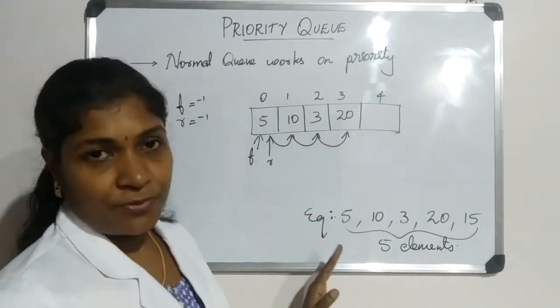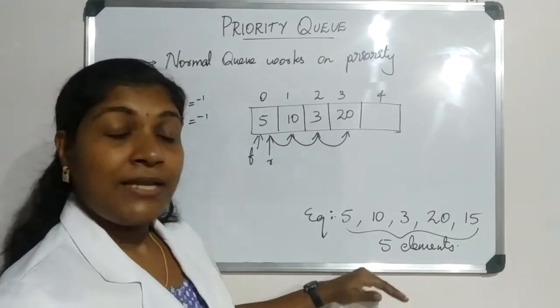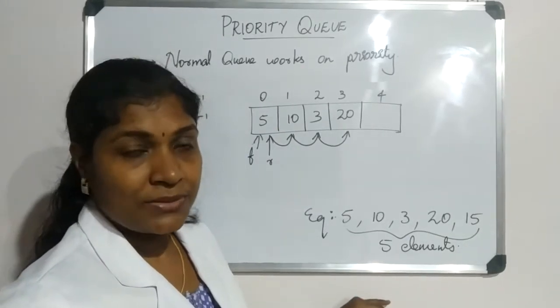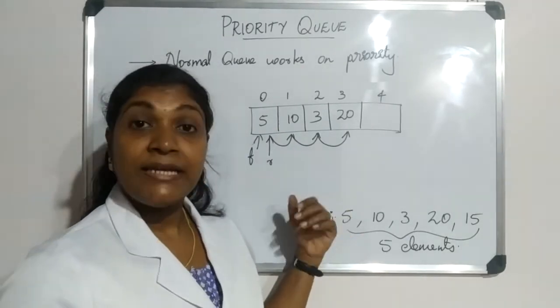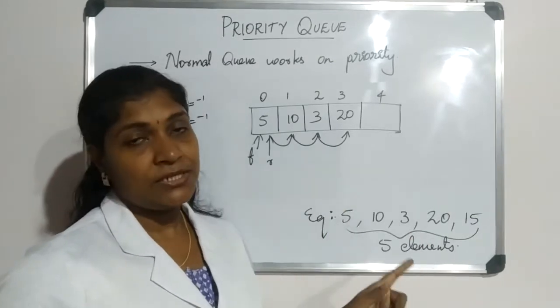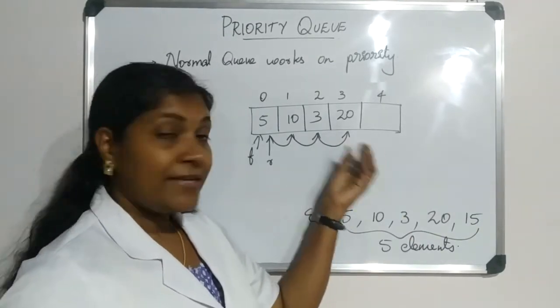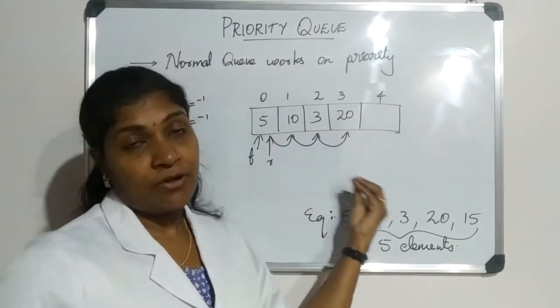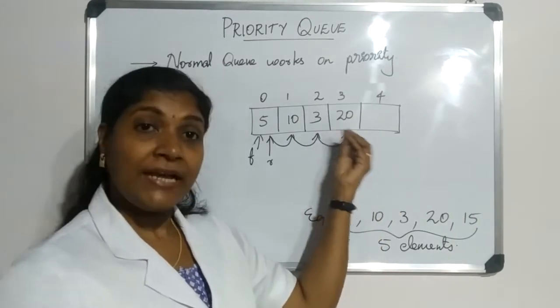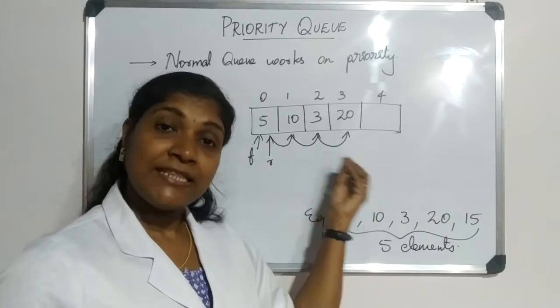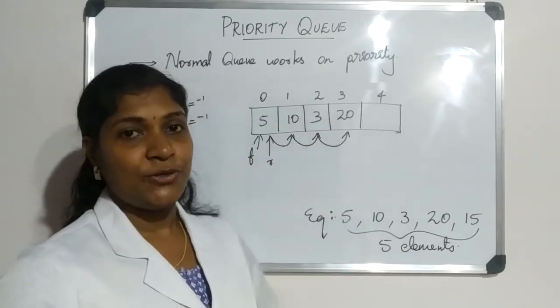Other than this process, what we are doing in our priority queue is just like our insertion sort. Do you remember insertion sort? While entering an element into the sorted array, we find its correct position first, then we enter that element into our array.